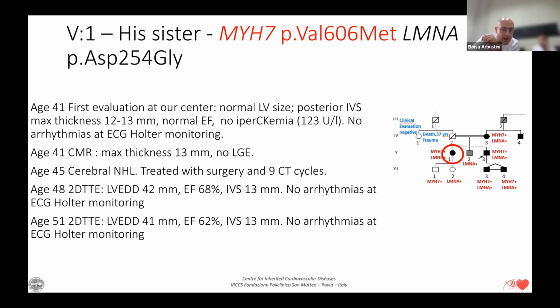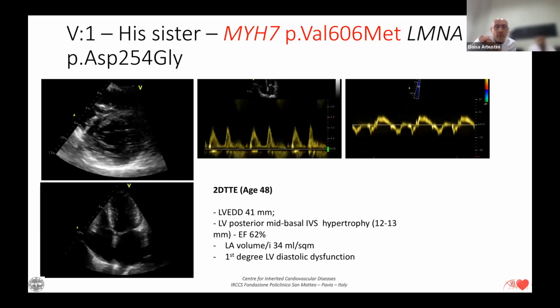She had no hyperCKemia, and a history of arrhythmia was completely absent at the ECG Holter monitoring. From the echocardiographic point of view, we can observe just a normal left ventricular dimension and function with mild left ventricular hypertrophy, 12 to 13 millimeters at the posterior wall and interventricular septum, and just mild left atrial dilation with first degree left diastolic dysfunction.